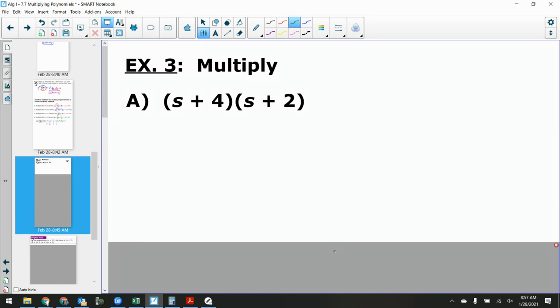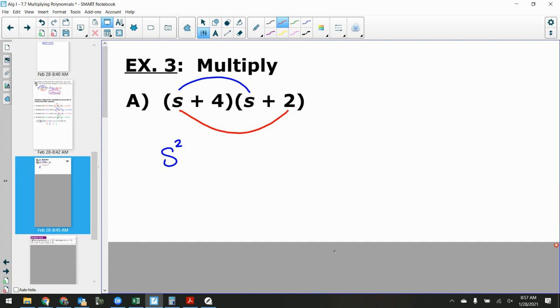All right. So I'm going to use the FOIL method. First, S times S. What is S times S? S to the second. Outer. S and 2.